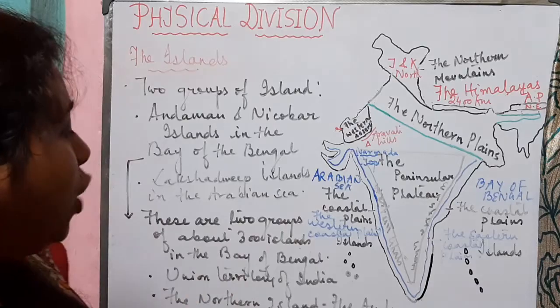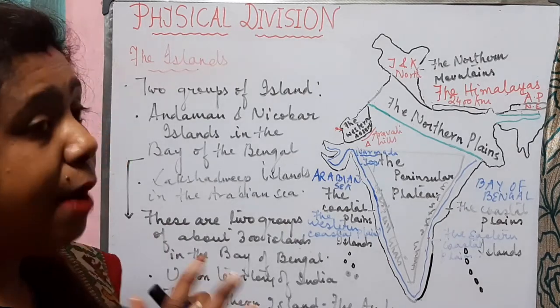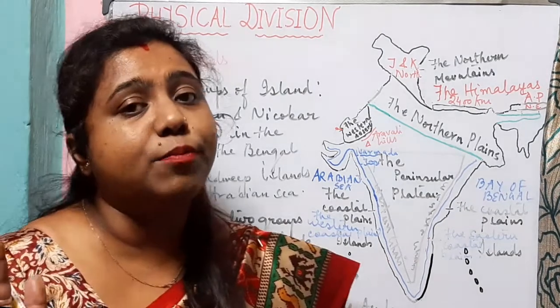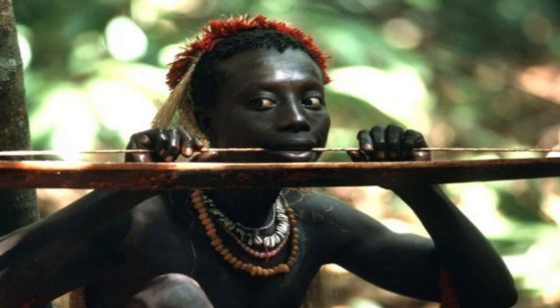Now, the Andaman and Nicobar Islands are mostly inhabited by tribal communities, among which the most dominant is the Jarwas. There are other tribal communities like the Santalis, the Onge tribes and other different tribal peoples who live in the Andaman and the Nicobar Islands.